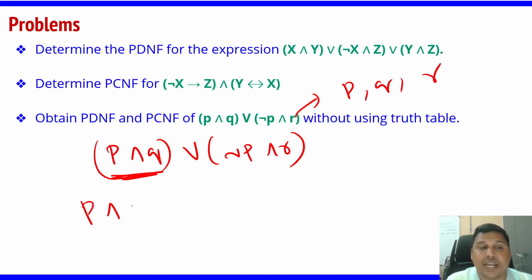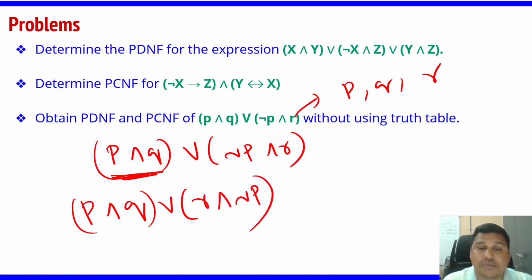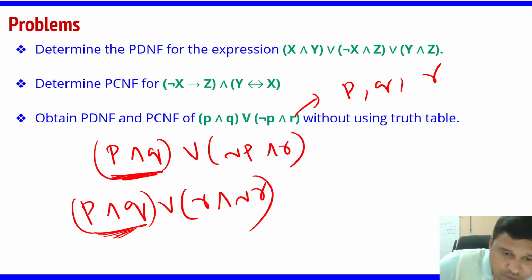So I'll write here P and Q, and in brackets I'll write R or negation R. Why? With this expression, R or negation R can be true or false. It remains the same, right? So this is yielding true or false.